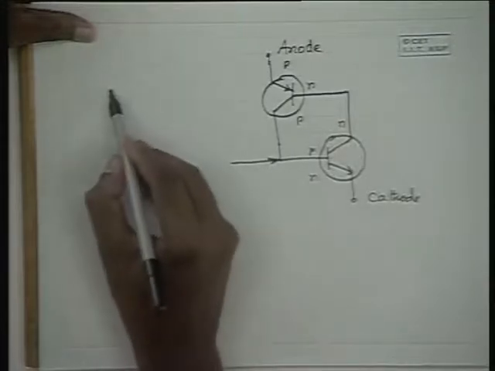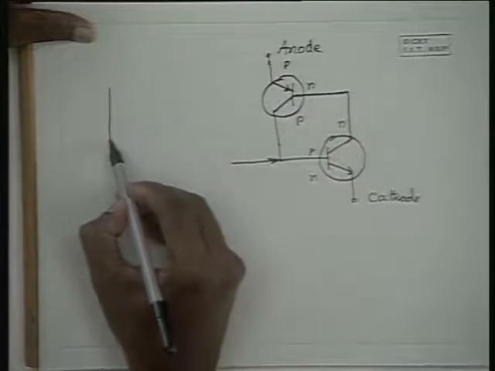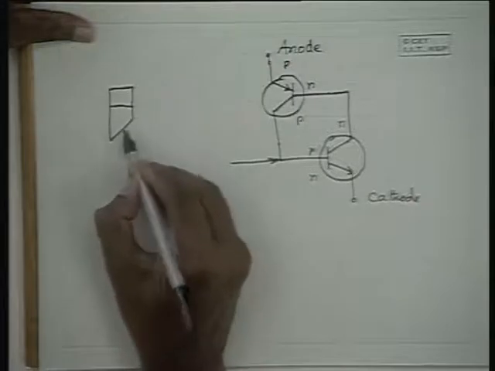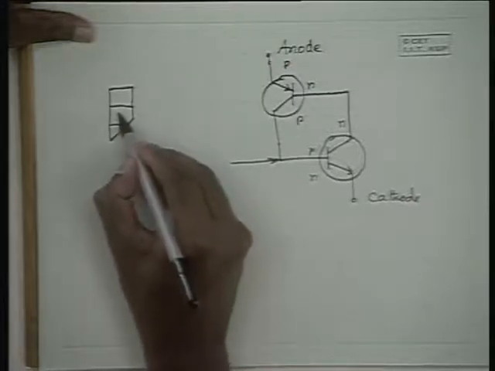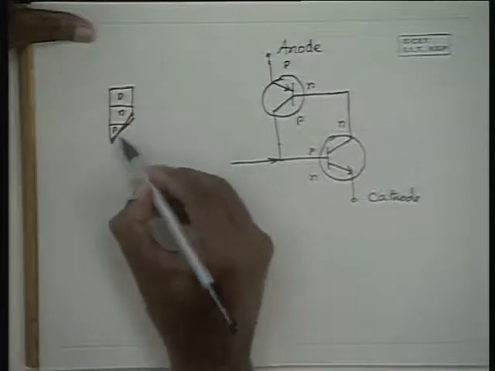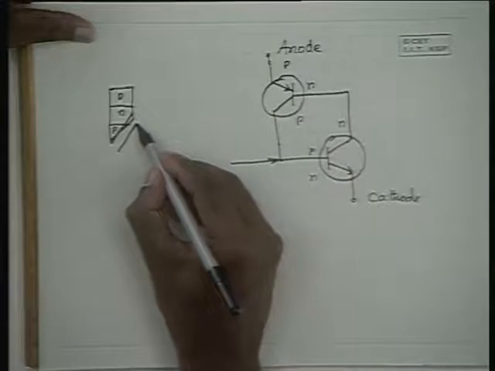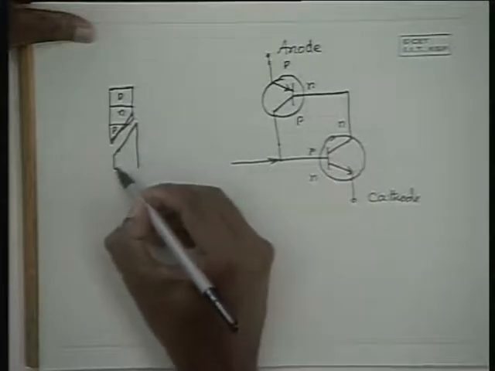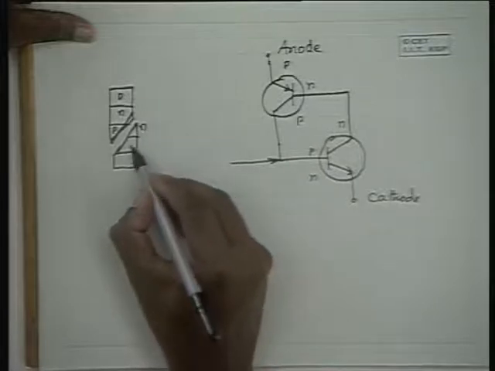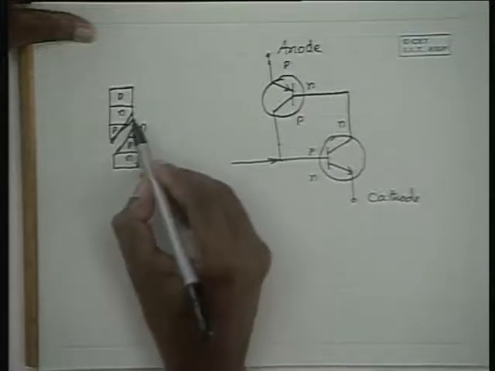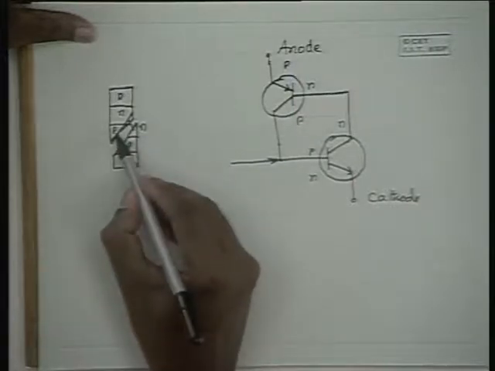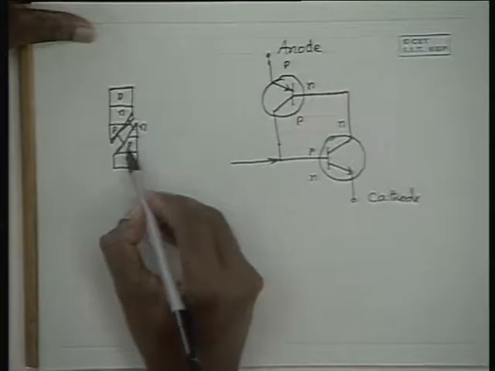So please note that this is a PNP device, and here it is an NPN device. Now this base is connected to the collector, and this collector is connected to the base of this transistor.